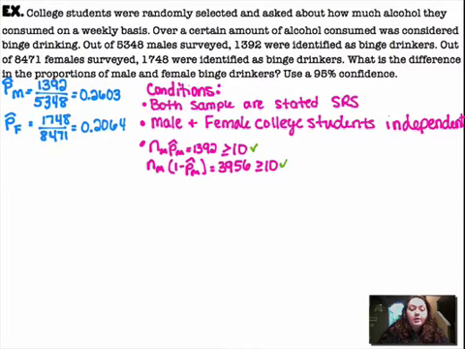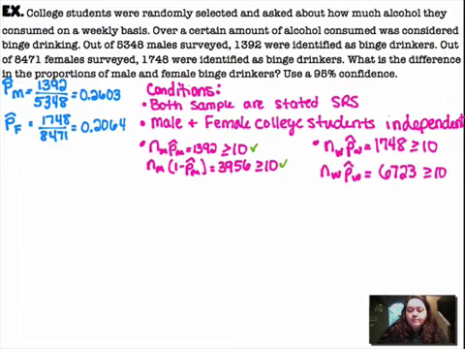N for males times 1 minus p hat for males is 3,956, which is greater than or equal to 10. I'm going to check the same thing for females. So N of females times the p hat of females is 1,748, which is greater than or equal to 10. N for females times 1 minus p hat for females is equal to 6,723, which is greater than or equal to 10. So those all check out.